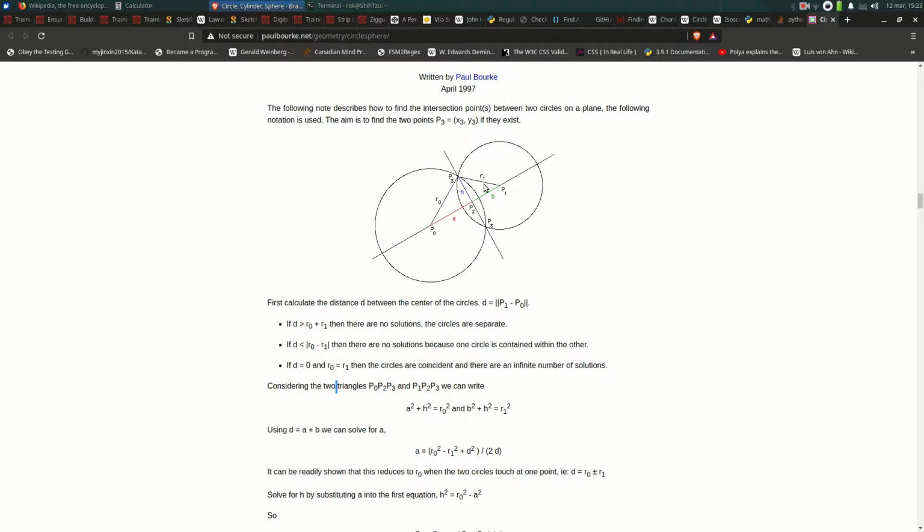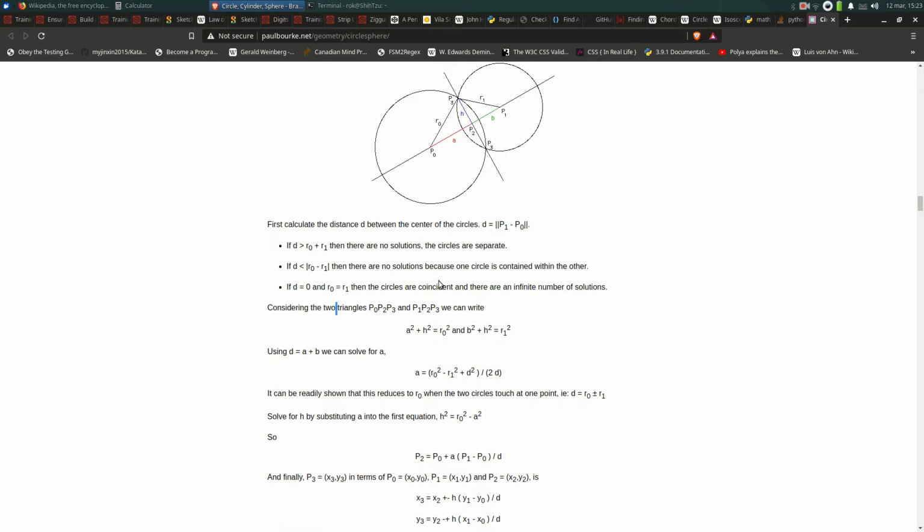Considering the triangles P0, P1 and P3 and P0, P2 and P3, so we have 3 triangles here, here and here. We can write A plus H is R0, and B plus H is R1.